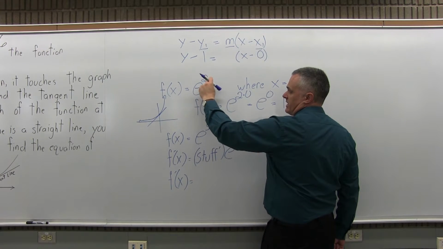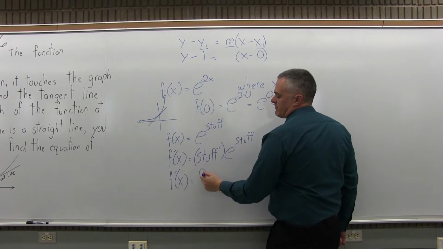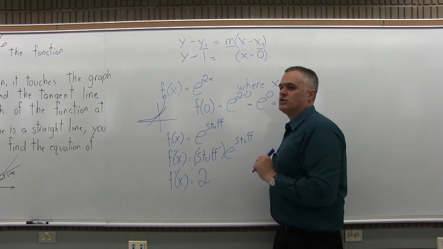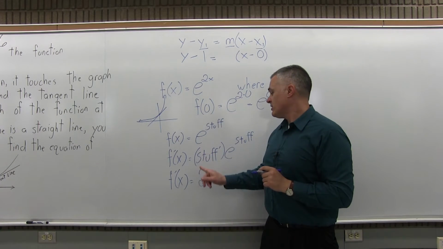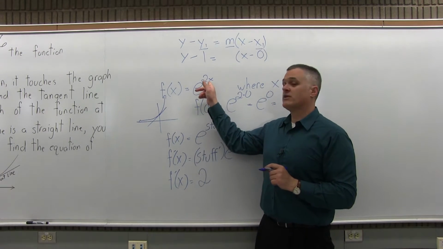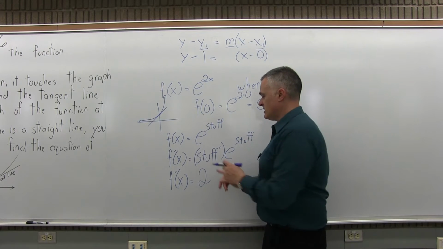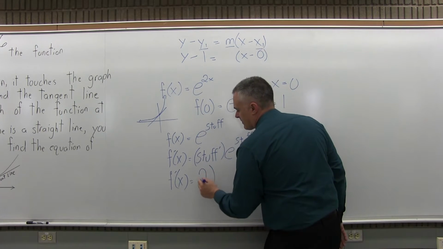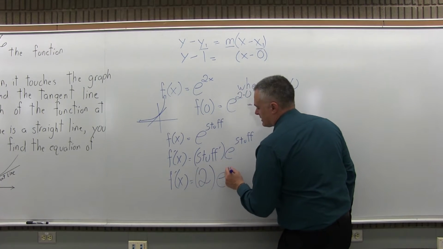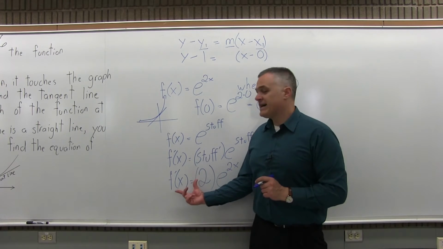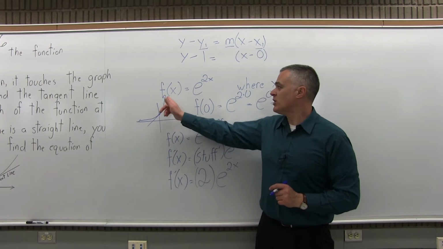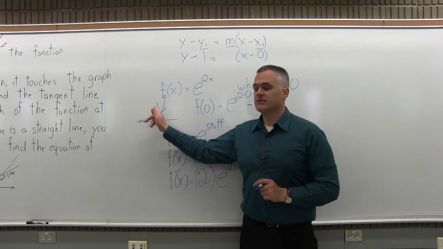The stuff is 2x. So stuff prime is just 2. Whenever you have an x to the first power, the derivative is just the number in front of the x, in this case 2. So that's my stuff prime. The e to the 2x, e to the stuff, just stays the way it is. So that's the derivative. That tells me the slope at any point on my graph.